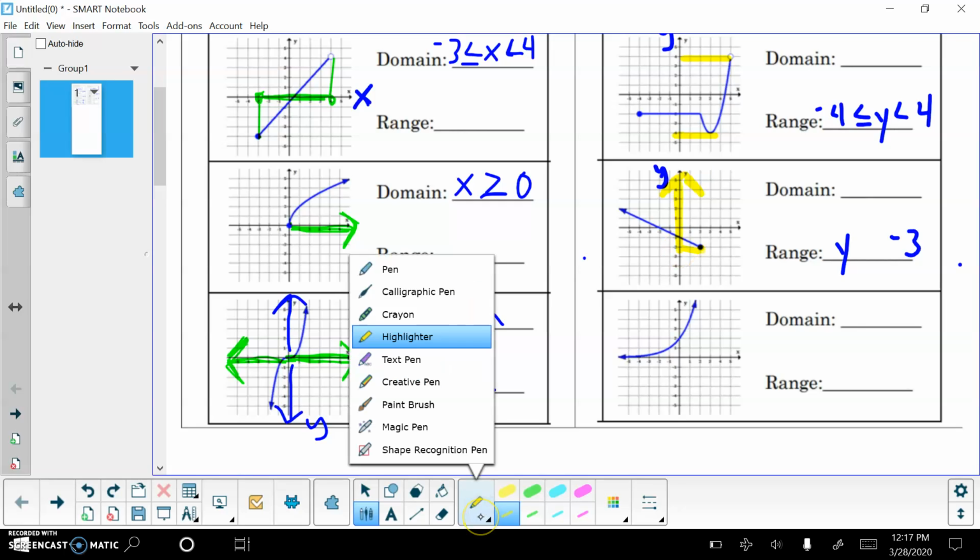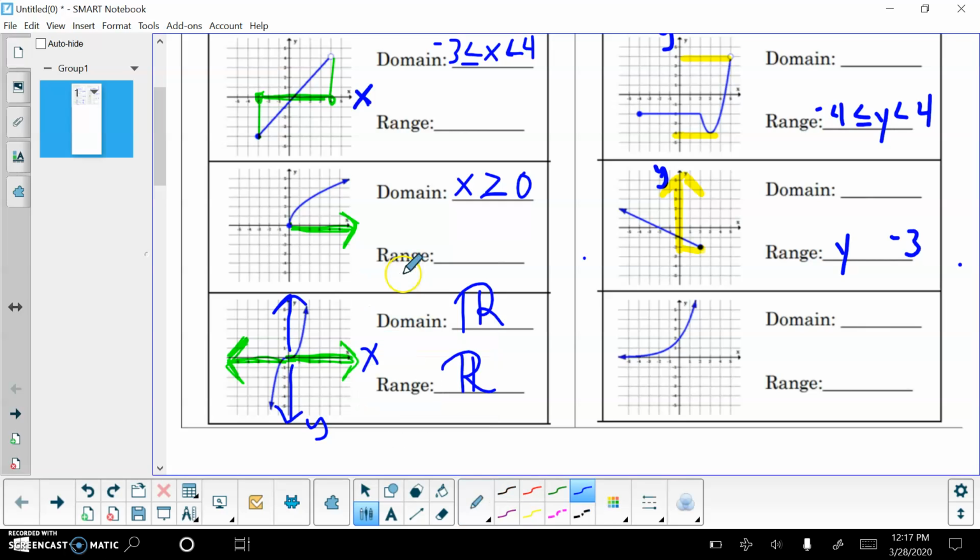It's going up to the bigger positive numbers, so I'm going to use the greater than symbol. And since it has a closed-in dot, I'm going to underline that to mean that it also includes the -3. So the range is all the numbers greater than or equal to -3. Now, if the graph had gone down, then that would have been the less than, because it would have been going down the y-axis, and I would have used the less than symbol instead. But since it was going up, I'm going to use the greater than symbol.